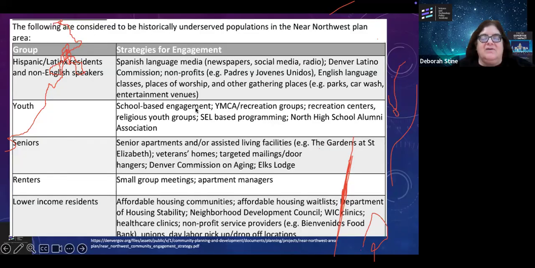And you can see that it's all sorts of different kinds of organizations. So everything from Spanish language media to YMCA rec groups, religious groups, senior apartments, veterans homes, apartment managers, affordable housing, all sorts of different people that were part of the engagement.